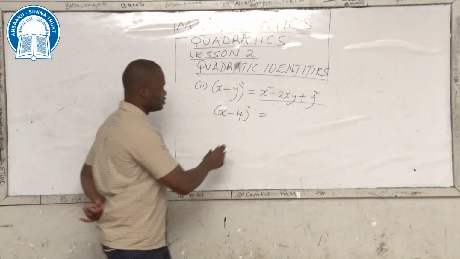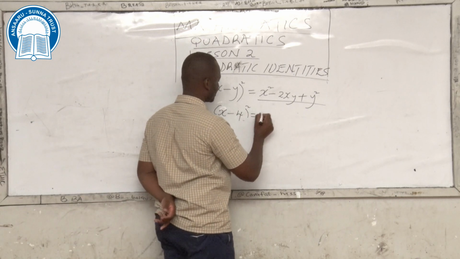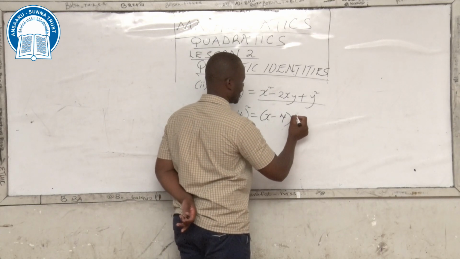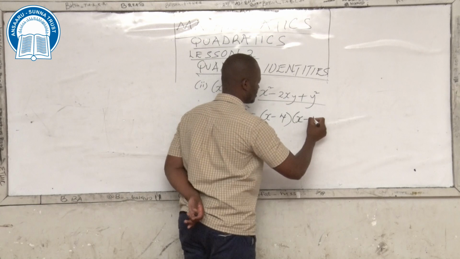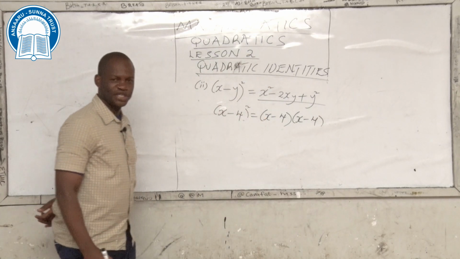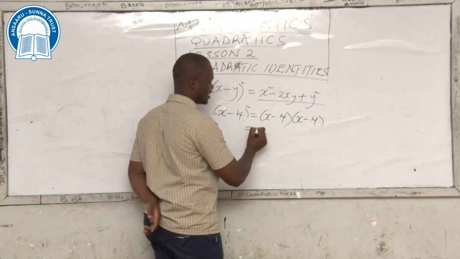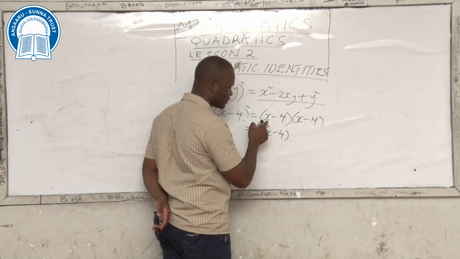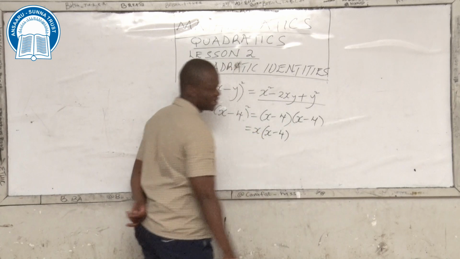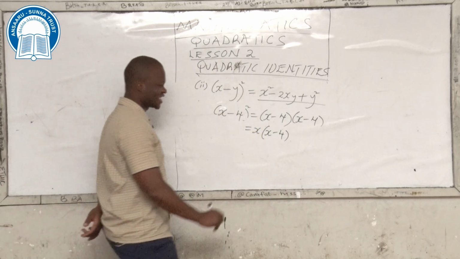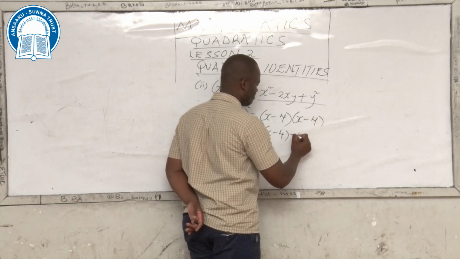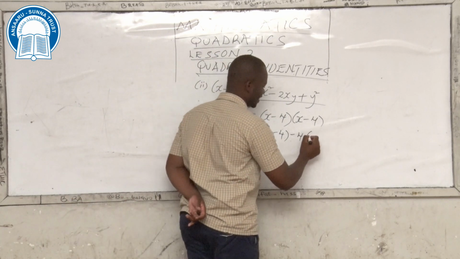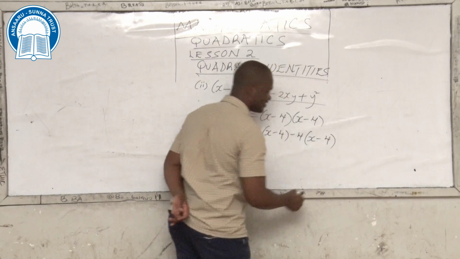This implies x minus 4 multiplied by itself twice. That means I'll have x times the entire second bracket, then minus 4 times again the entire second bracket.